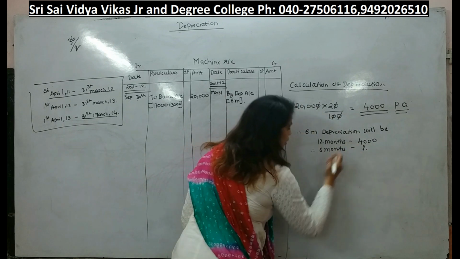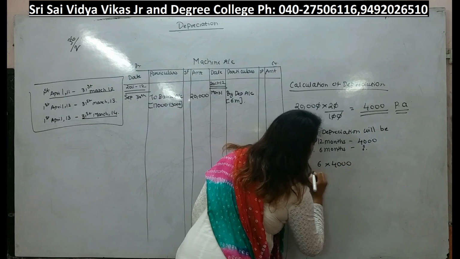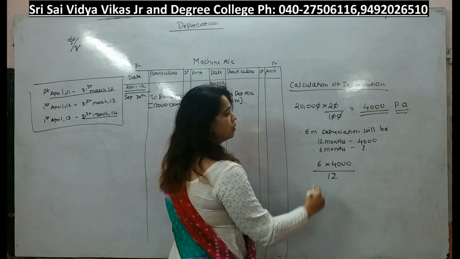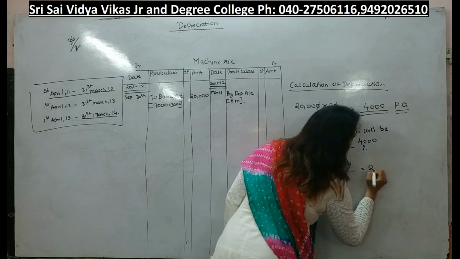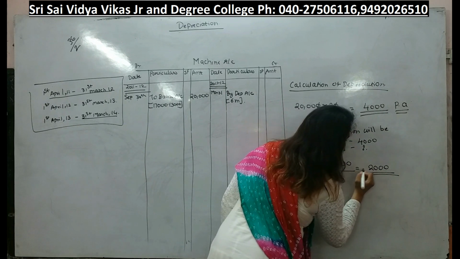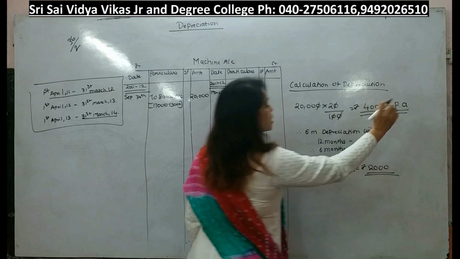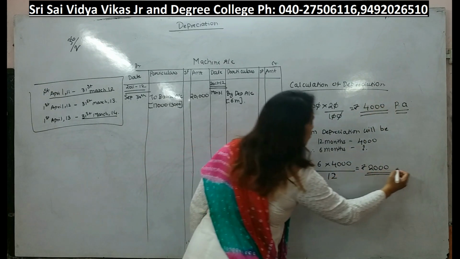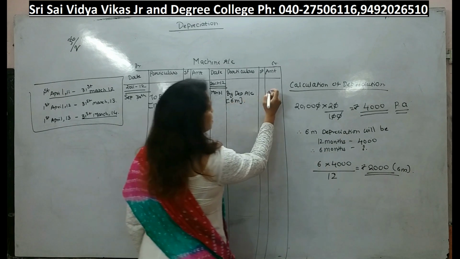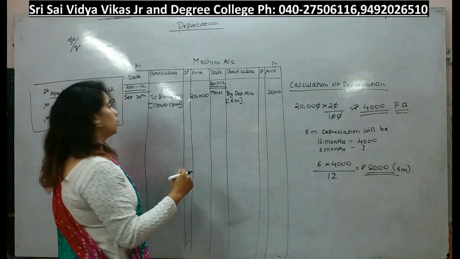Cross multiply it. 6 into 4,000 divided by 12. So the answer will be rupees 2,000. Here the 4,000 is for 12 months, and for 6 months depreciation will be 2,000. Is that clear to you?